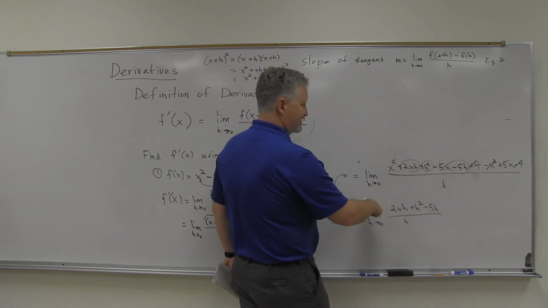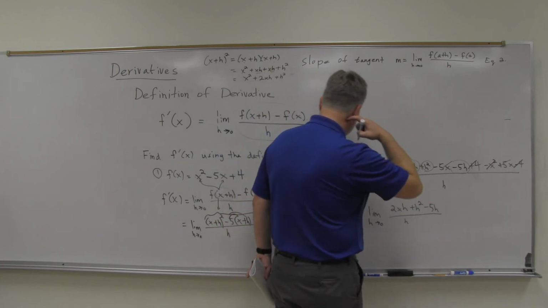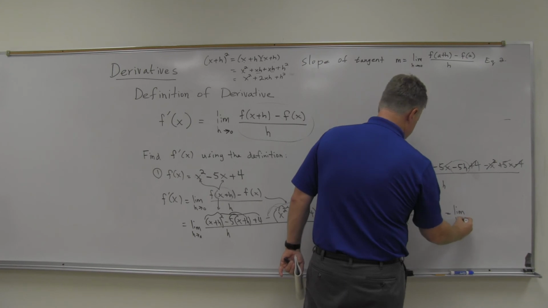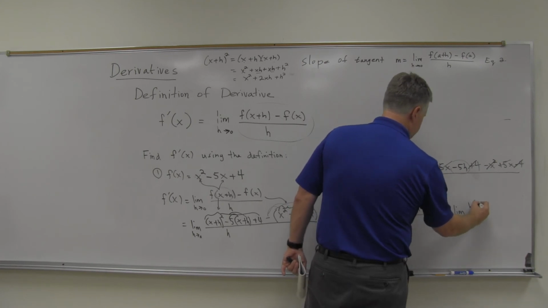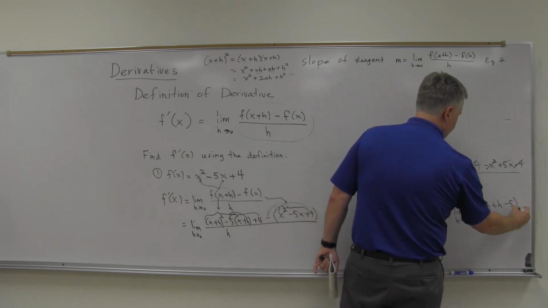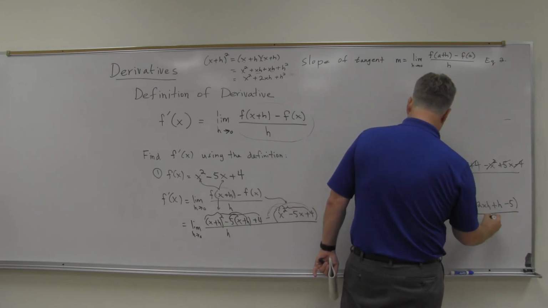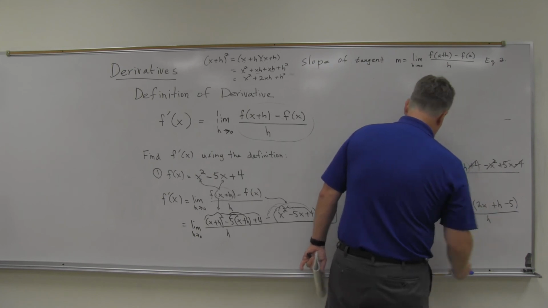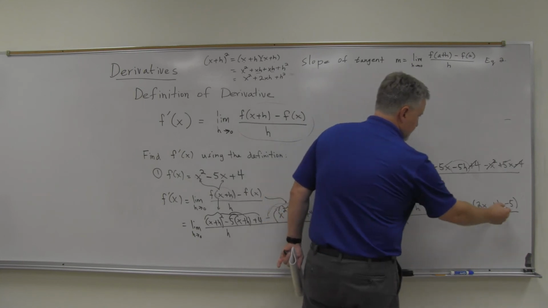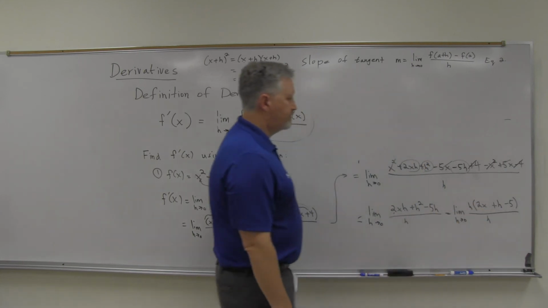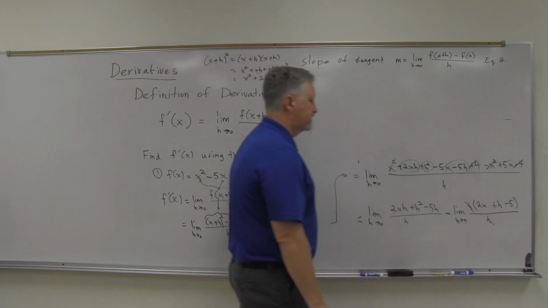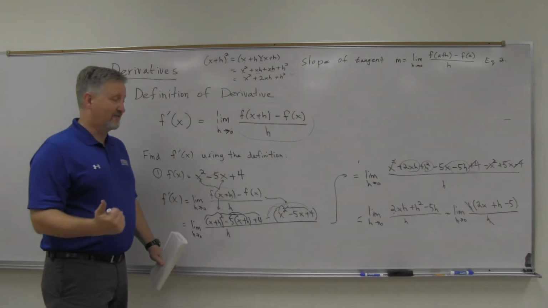But the good news is the ones on top all have an h in them. So we can factor off the h, and it cancels out the bottom h. So factor h off of this leaves me with 2x, an h, and then a minus 5. Then that allows me to cancel the h's out, which I couldn't do at the start.